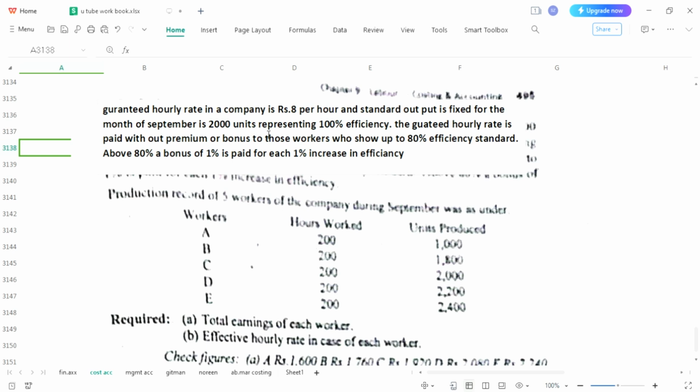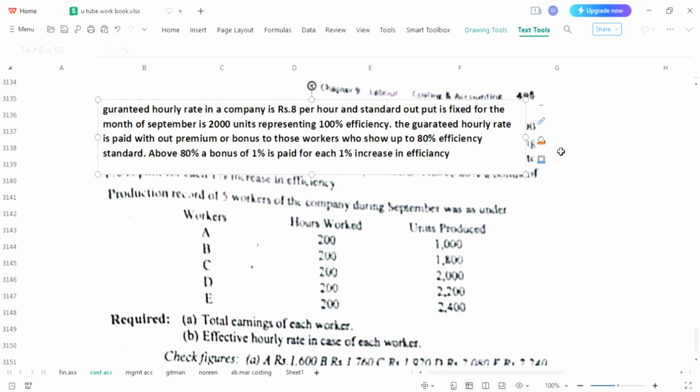Okay, they are given a target to complete the 2000 units. It would show obviously 100% efficiency if somebody had produced 2000 units, which was your target. Guaranteed hourly rate is paid without premium or bonus to those workers who show up to 80% of efficiency.